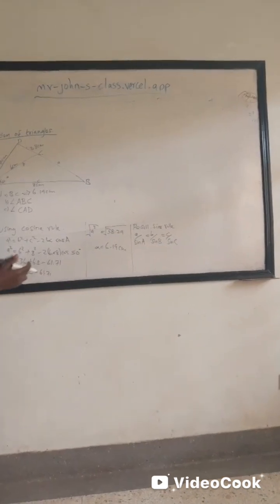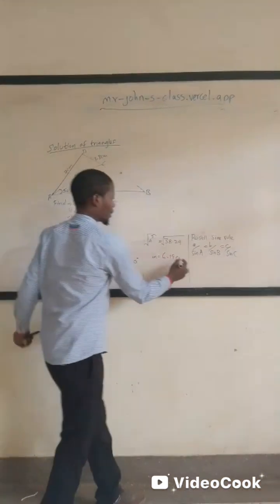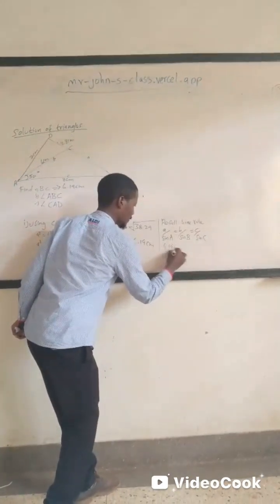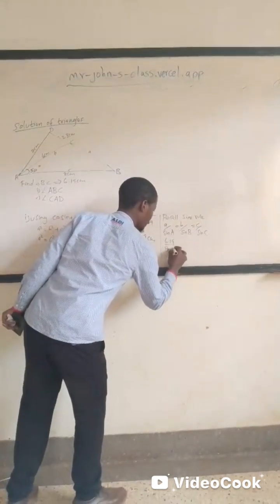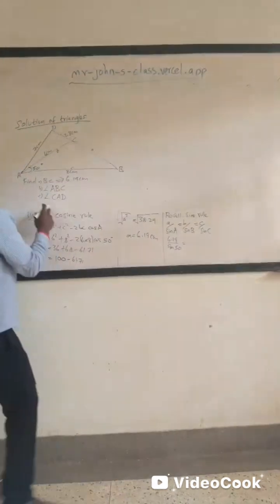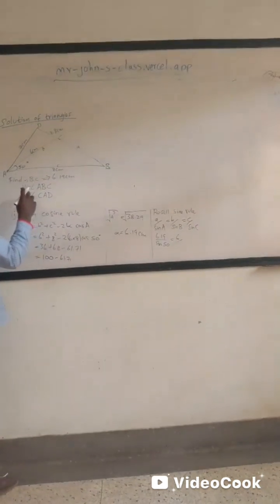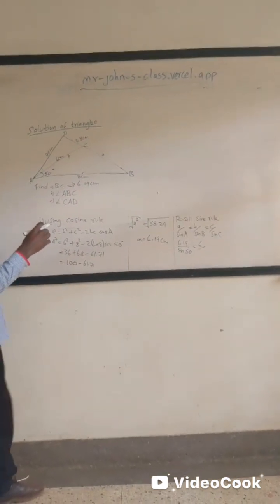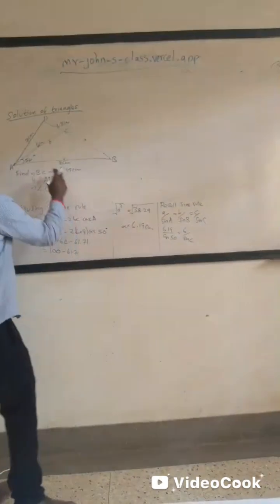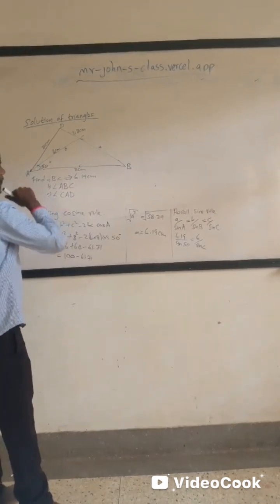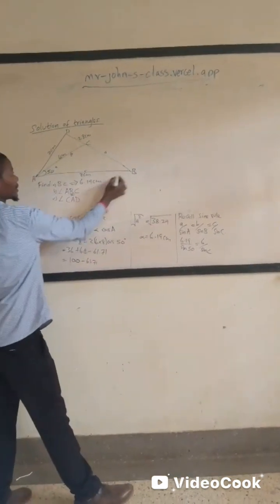Now from there, we take our a, now 6.19, divided by sine of 50, should be equal to, my b is 6, then sine B. We don't have the value of B, we are trying to get this now.